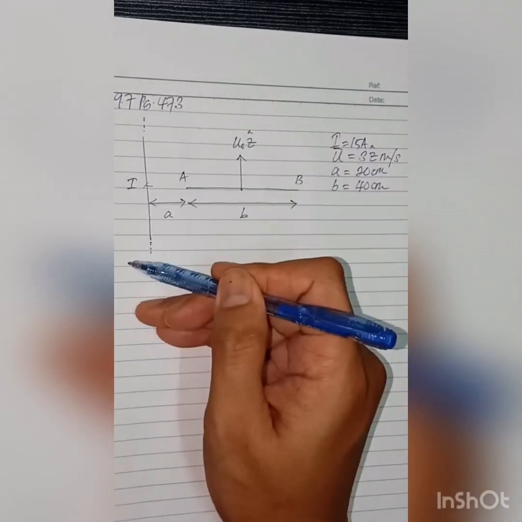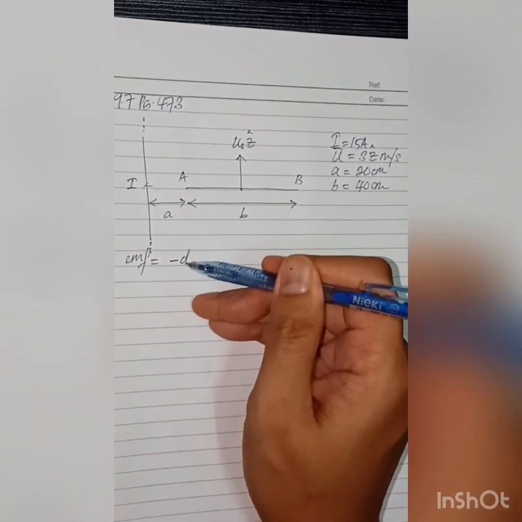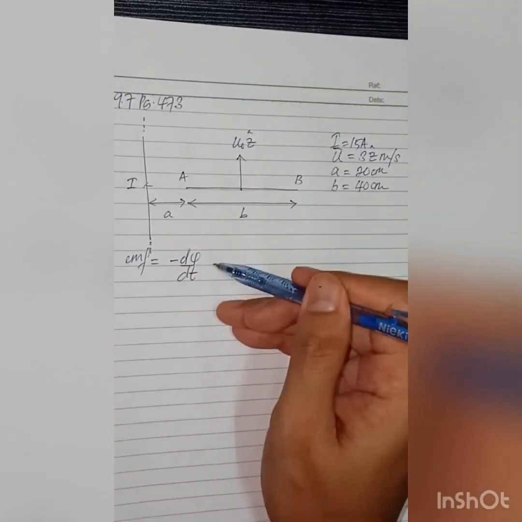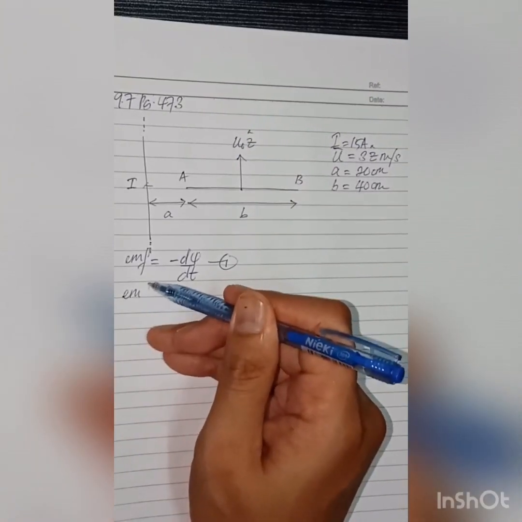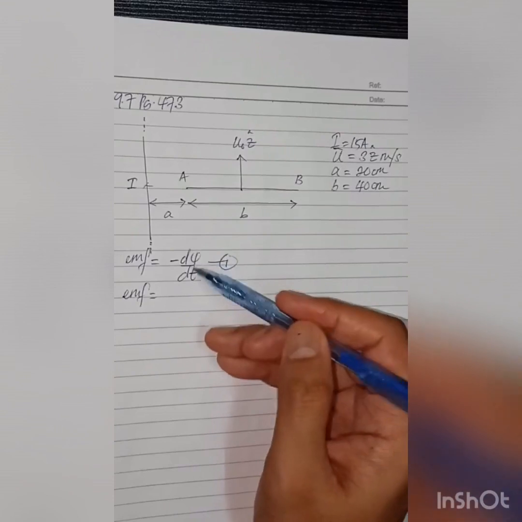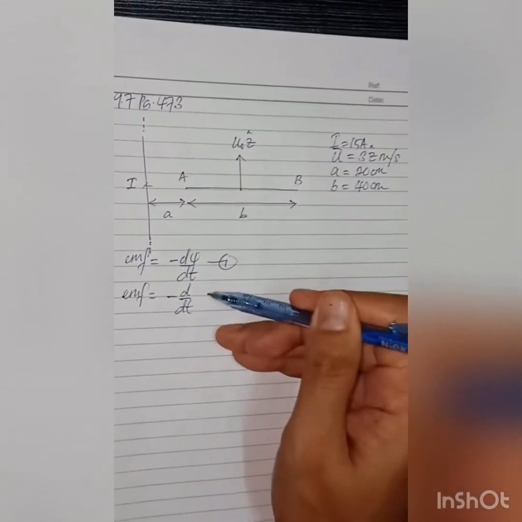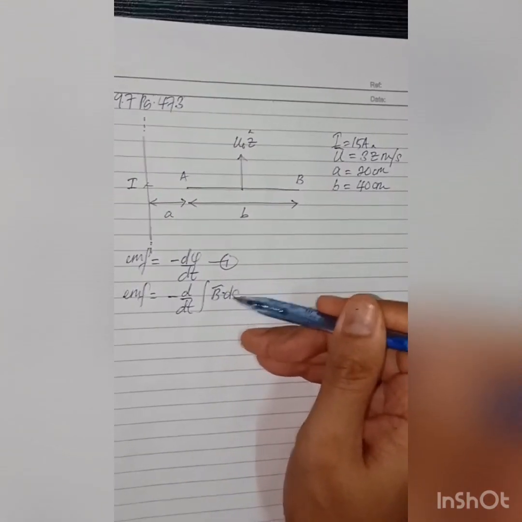The first one we have is EMF equals negative dΦ over dt. The second one: since I is not time varying, B is also not time varying, so you can simply have the full derivative, EMF equals negative d over dt of the integral of B dot dS.